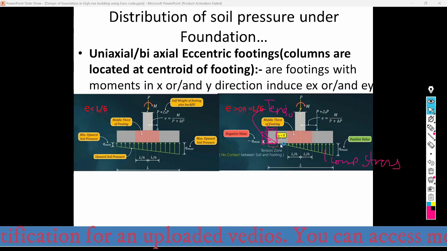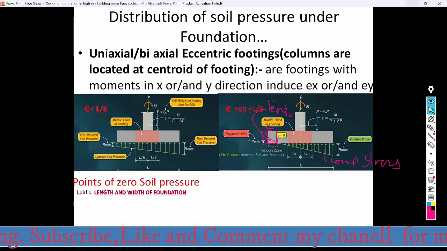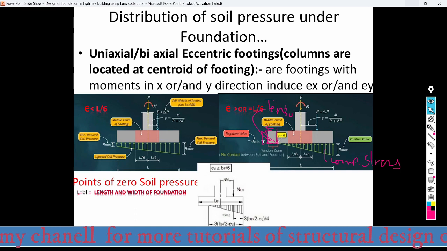And here the distance from this point up to this point can be calculated based on a given equation. So what is the distance? That means from the corner closer to the eccentricity to the point where the soil pressure becomes zero. So this distance can be calculated based on the following equation. Here the point of zero soil pressure can be calculated by using this equation.